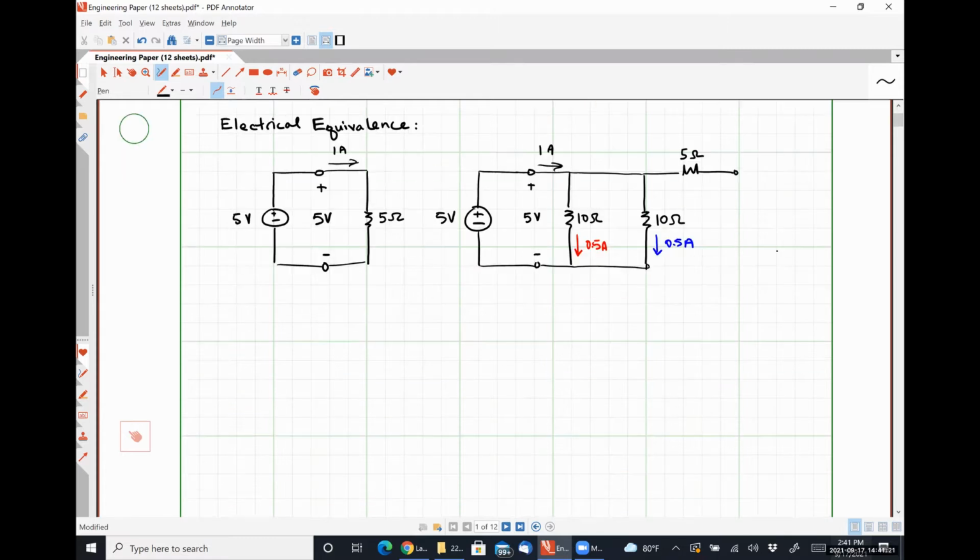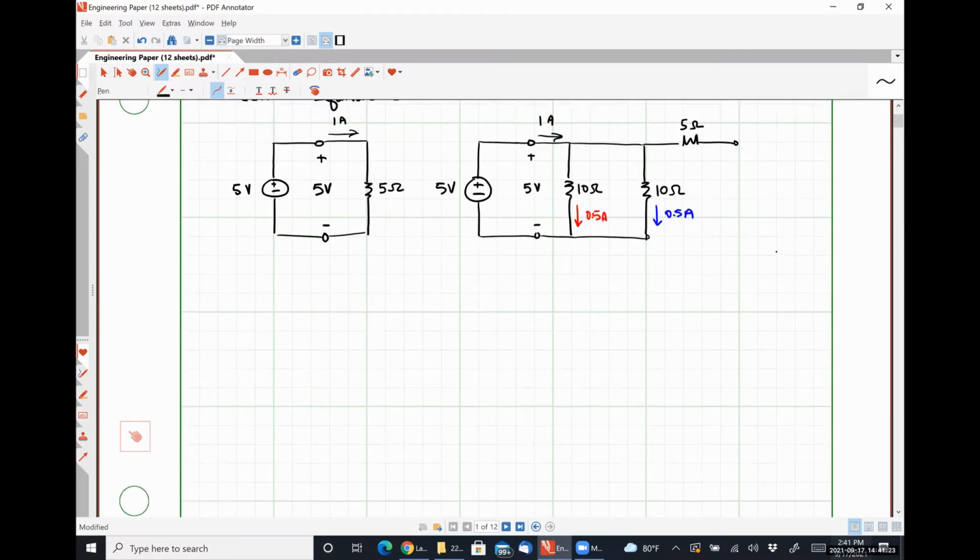All right, so let's consider a network containing several resistors in series. All right.